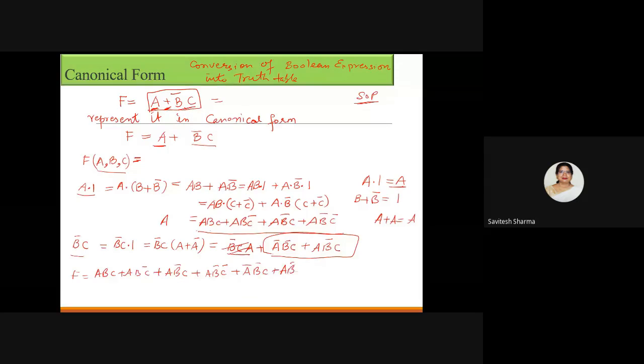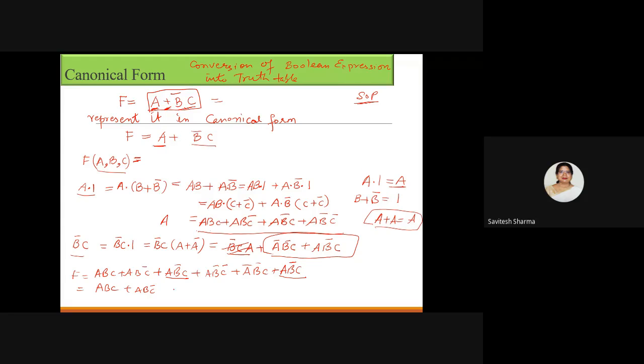One time only you will take that term. So you identify this A B bar C and this A B bar C is the same. So you will apply this theorem that A plus A is equal to A. So you will write the final expression.